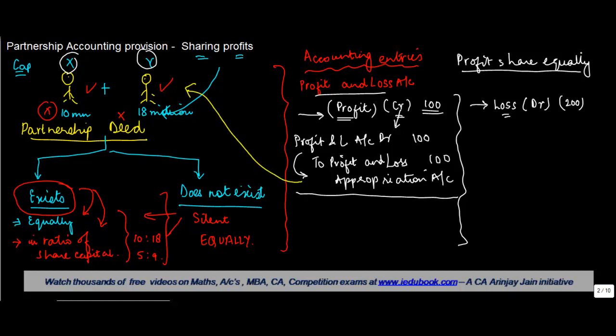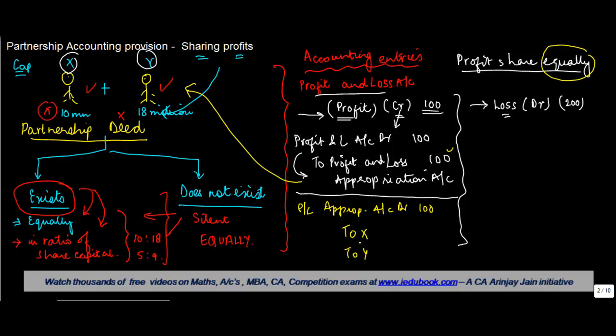Because we've taken that profit and loss are shared equally, to reduce this P&L appropriation account we debit the profit and loss appropriation account by 100, which is the total amount, and we credit the partners' capital accounts.